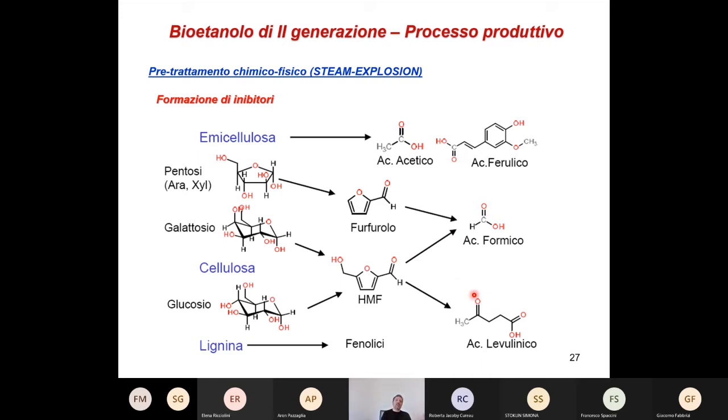And so these products can kill yeast, for example, or block the enzymatic process. So this is the importance of choosing the correct severity factor.